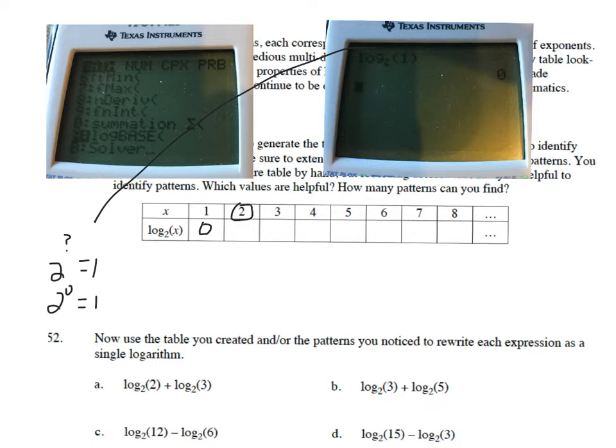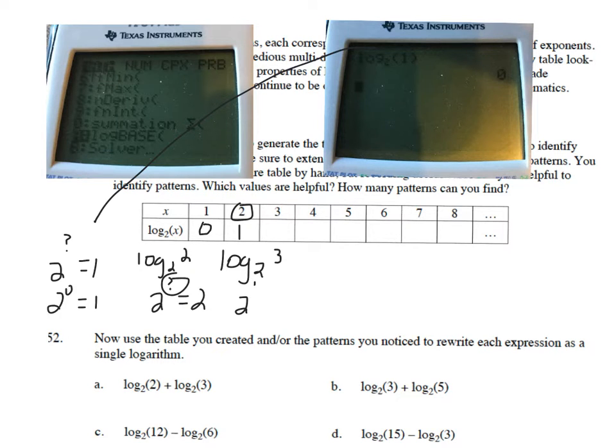Now, x is now 2, so I'm going to take the log base 2 of 2, which really means 2 to some power has to equal 2. Well, that power has to be 1. Now let's try it with the next one. Log base 2 of 3.